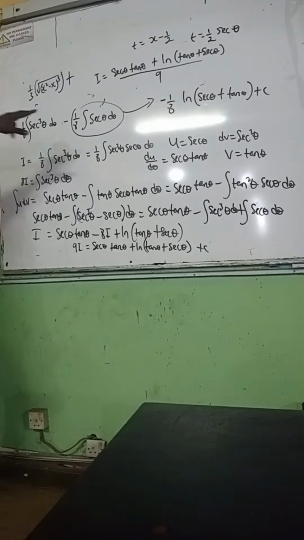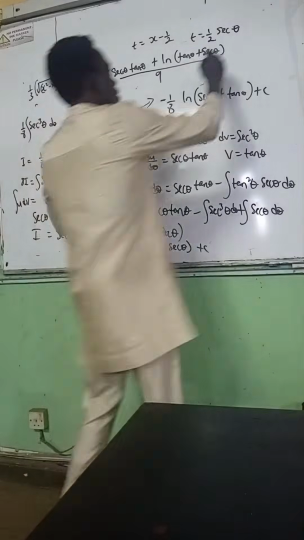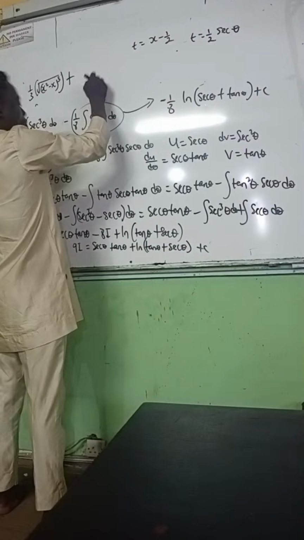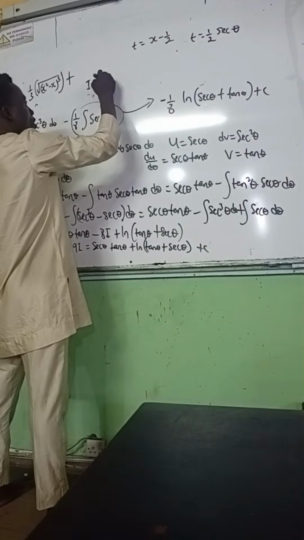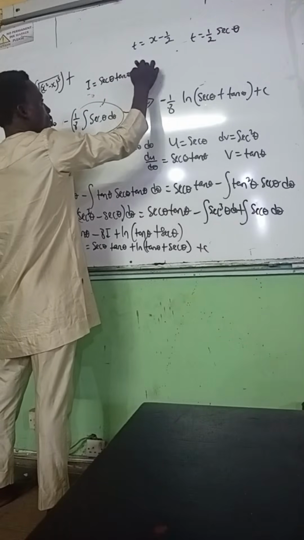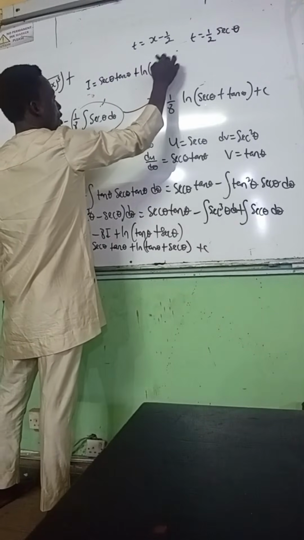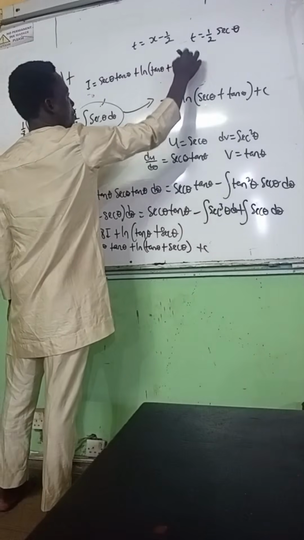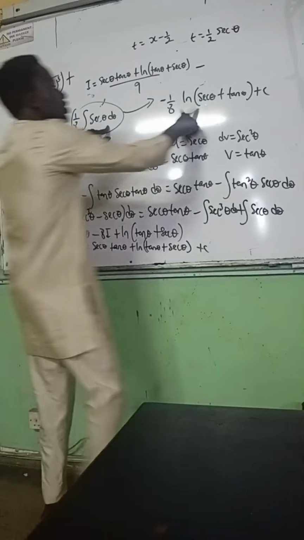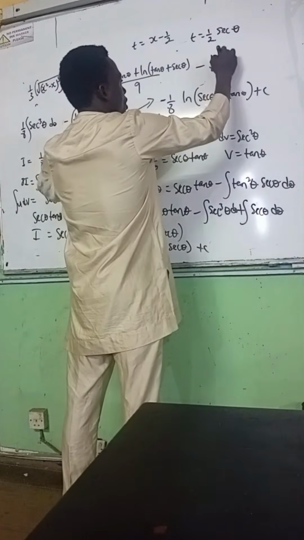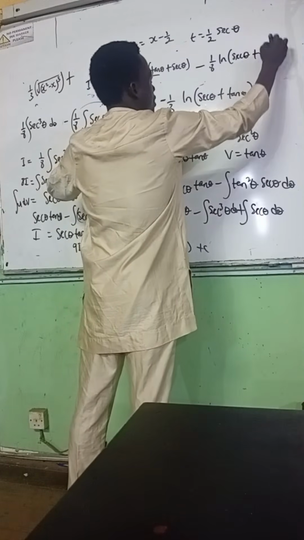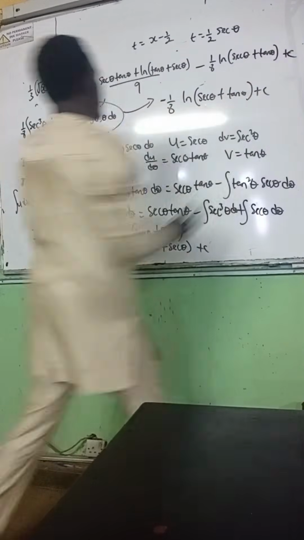So minus this will now be minus, let me write it. So we have I equals sec theta tan theta plus ln tan theta plus sec theta divided by 9 minus the solution to this, which is 1 over 8 ln sec theta plus tan theta plus c.